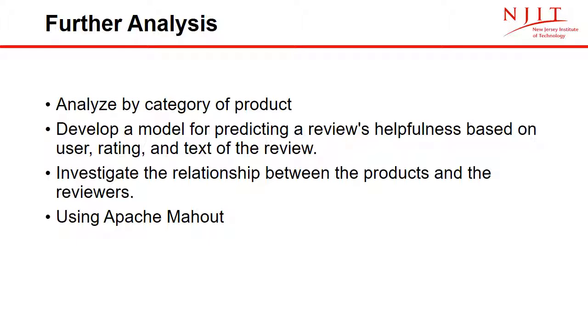Second is developing a model for predicting a review's helpfulness based on user rating and the text of the review. Third is investigating the relationship between the products and the user and the reviewers. For example, do certain groups of reviewers review similar groups of products? At last, using Apache Mahout for user-based and item-based recommendation.